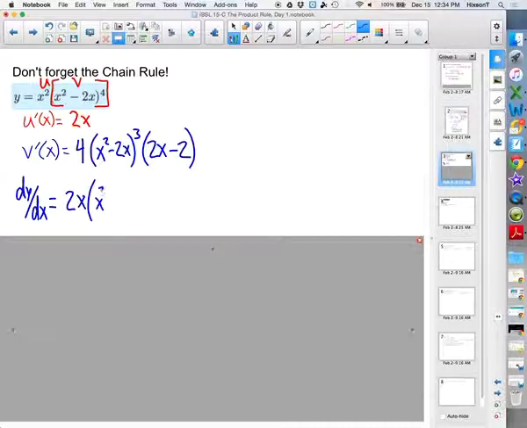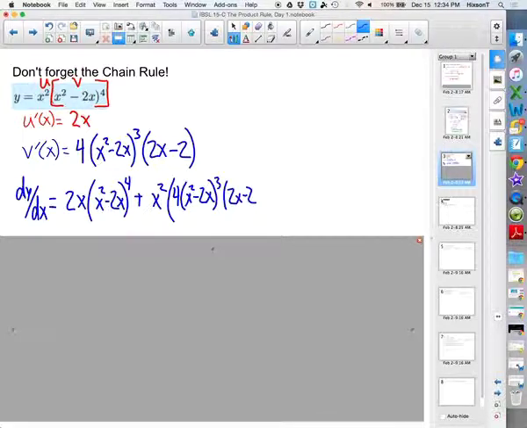V is the whole (x squared minus 2x) to the fourth, plus u, x squared, times v prime. Well, v prime is this whole mess here: 4 times (x squared minus 2x) cubed times (2x minus 2).